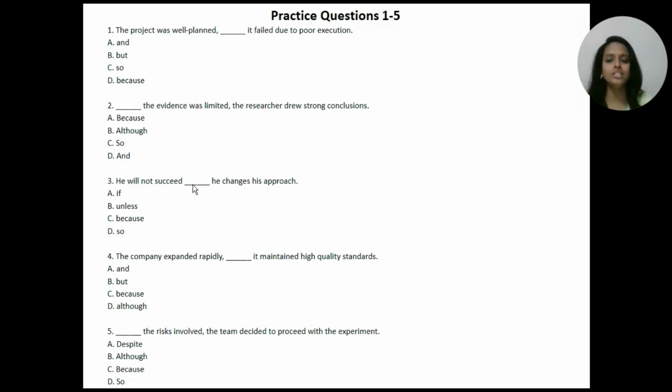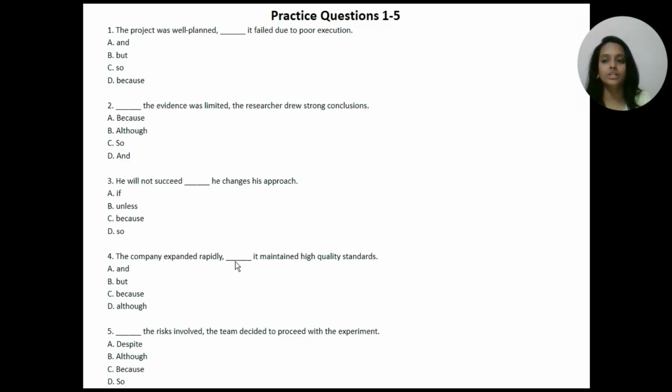And he will not succeed dash he changes his approach. So obviously here, unless. He will not succeed unless he changes his approach. So remember, unless comes for condition, right? The company expanded rapidly dash it maintained high quality standards.